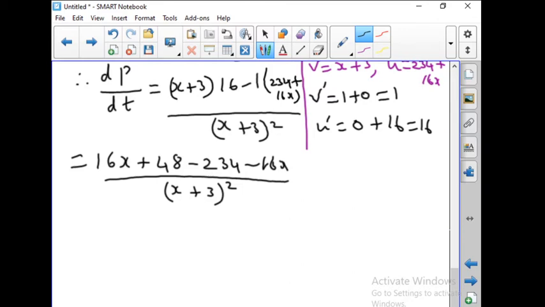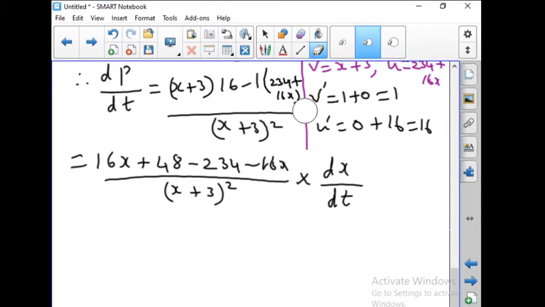Into dx by dt, because we are differentiating with respect to t, but the terms are in x. Is it clear, all of you? I'll erase this, since I have taught it, so you will know it.